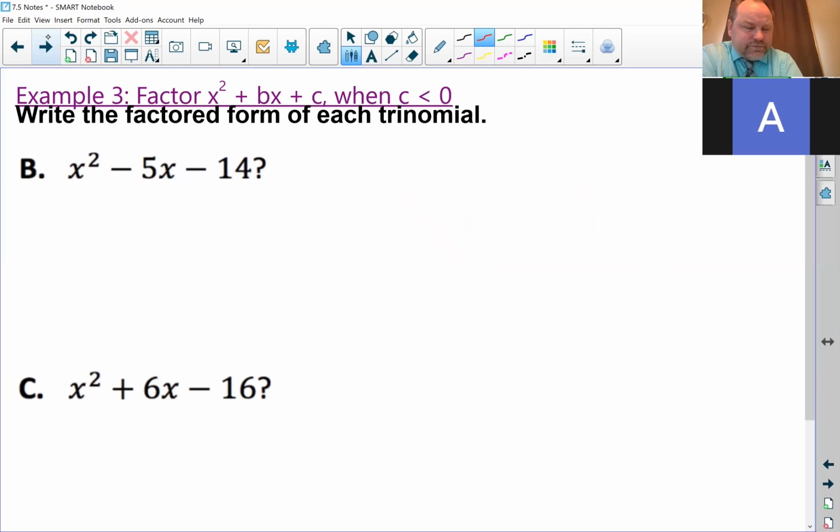All right, so again, we're looking for two numbers that multiply to -14 and add to -5.